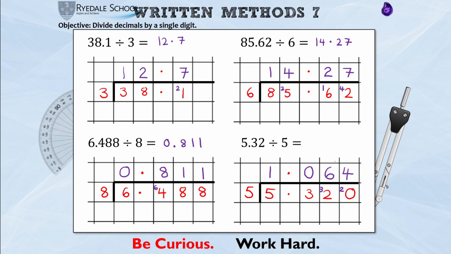In a couple of the questions that you do today, towards the end of the exercise, you need to put in an extra 0 and carry that last bit of remainder onto an extra column. So the answer to this one is 1.064.